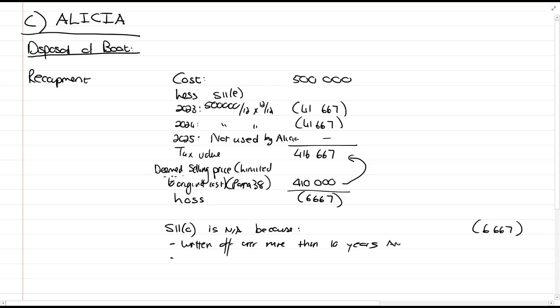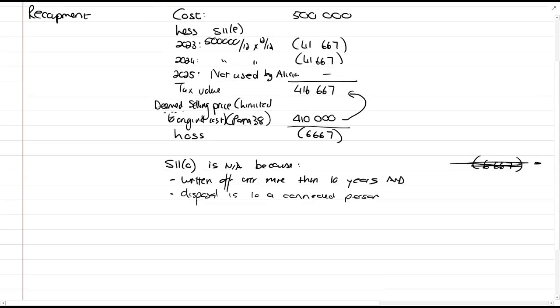But that's one requirement. In this case, there's another one also, and the disposal is to a connected person. So you can't claim it there. Now usually that then means if the taxpayer doesn't claim it here, or they can't, then you should consider it when doing this capital gain.